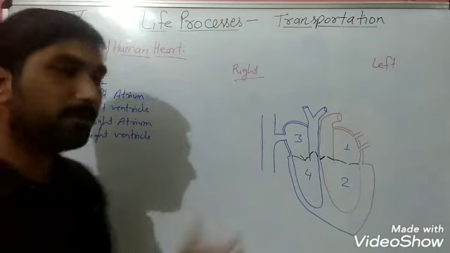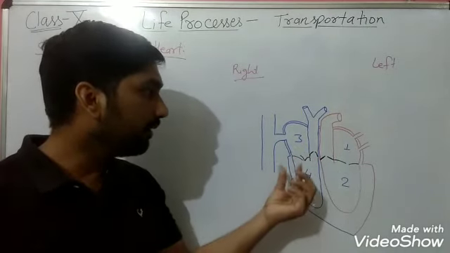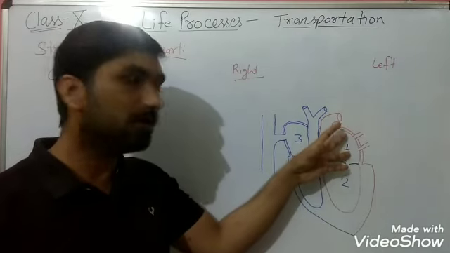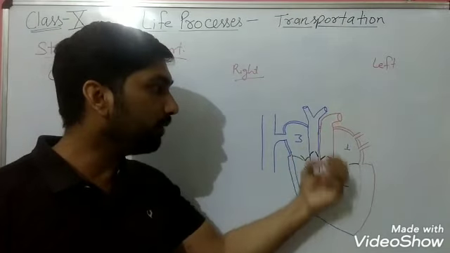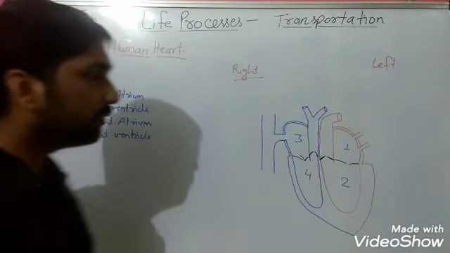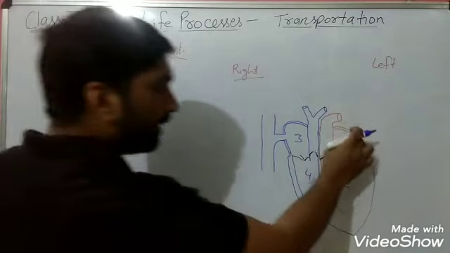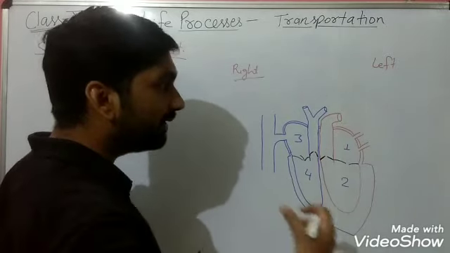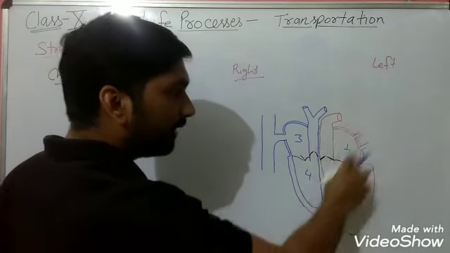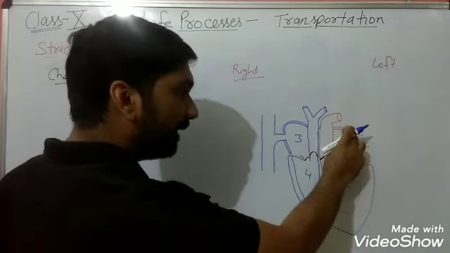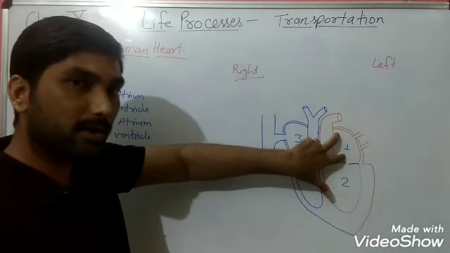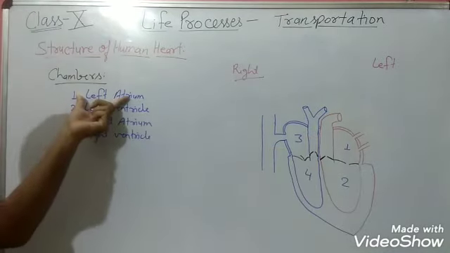And maybe a few of you can question why we did not start numbering from this side. Why are we starting the numbering of the human heart chambers from this side? So let me tell you, this chamber is going to receive oxygenated blood, so we start our counting from this side. The oxygenated blood enters the first chamber, the left atrium.